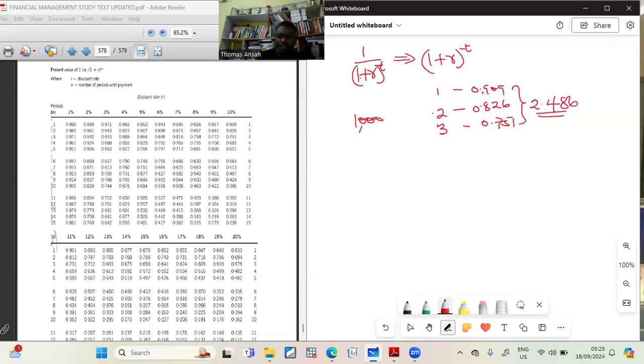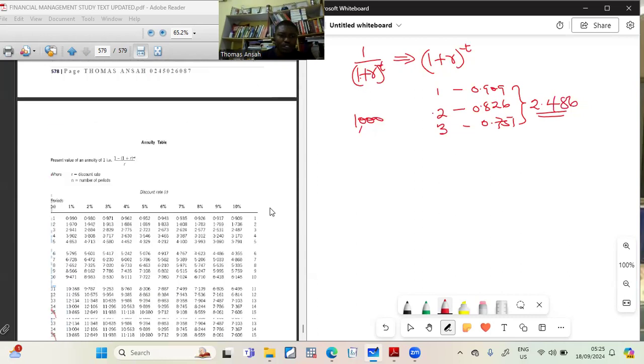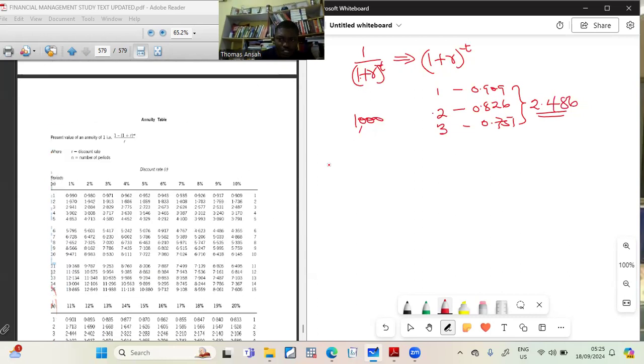But if I go to my annuity table, 10% for 3 years, you see 2.487, just a 0.001 difference because of approximations. So you can use your table to read it, or you can calculate it on your own.